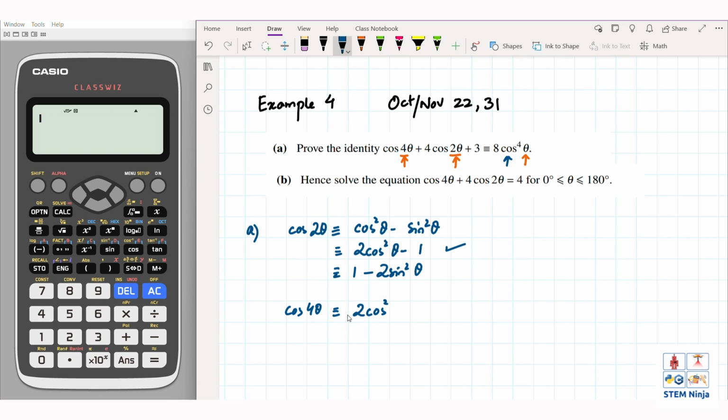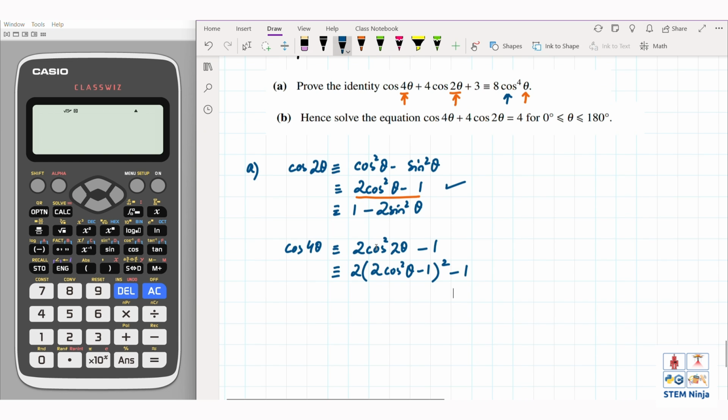So half of 4 theta would be 2 theta: 2 cos squared 2 theta minus 1. And then finally, we would expand cos 2 theta with this expansion further. So 2 times cosine of 2 theta whole squared: 2 times (2 cos squared theta minus 1) whole squared, minus 1. So this is a square, so let's expand the square.